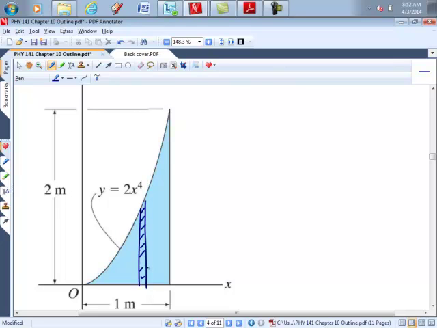All right, so this time we're going to have a dA that's going to be the y value times dx. dx is this thickness.